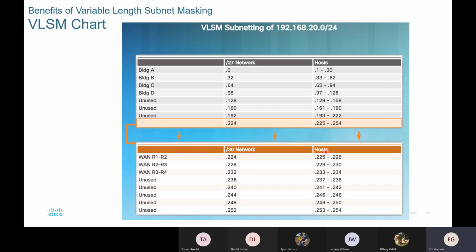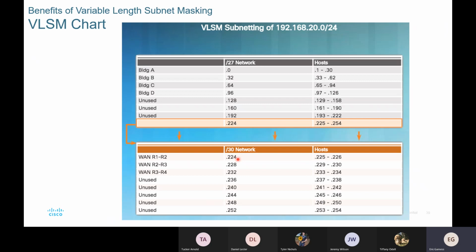I need just 2 valid IP addresses, and those valid IP addresses will be .225 and .226. .227 will be what? For this subnetwork, it will be the broadcast address. And .224 will be what? This one. The network address.